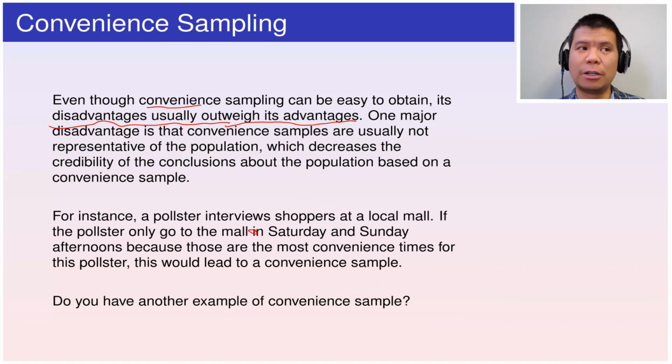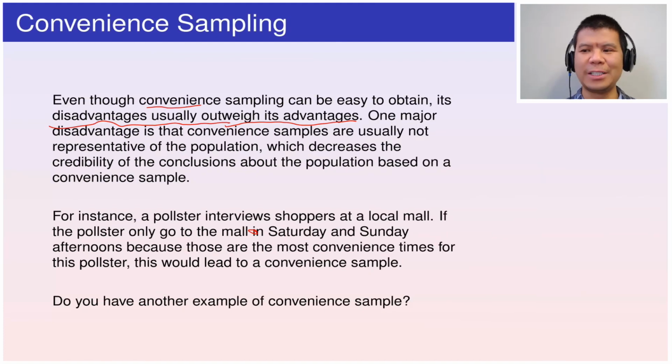Be careful. The main feature is that convenience sampling emphasizes the easiness and convenience of obtaining the sample through this method. It's more convenient to do so. So that is called convenience sampling.